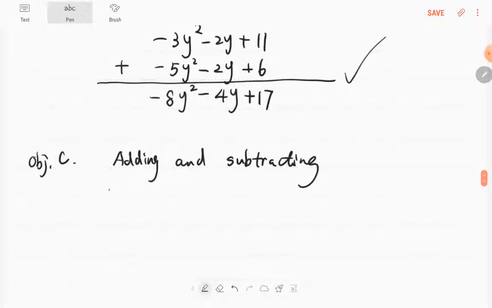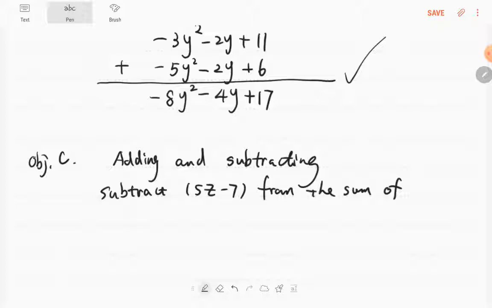So we could say we have this problem. Subtract 5c minus 7 from the sum of these two polynomials.